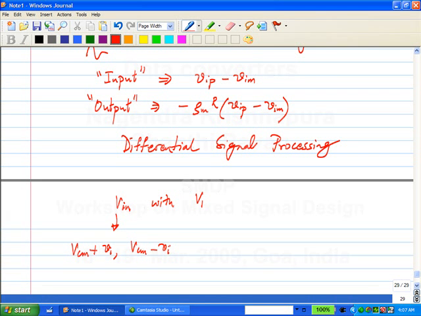So if you have two voltages, you can always express them as the average, which is often called the common mode. Correct? And so one of the voltages will be common mode plus differential mode. The other one will be common mode minus differential mode. Correct? And now you have to compare this signal where the information is basically in the difference between the two voltages, and what would you do as far as the reference is concerned?